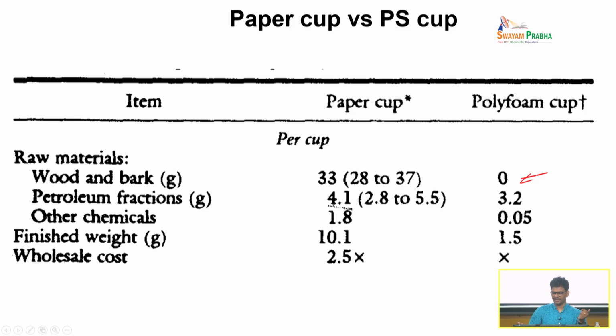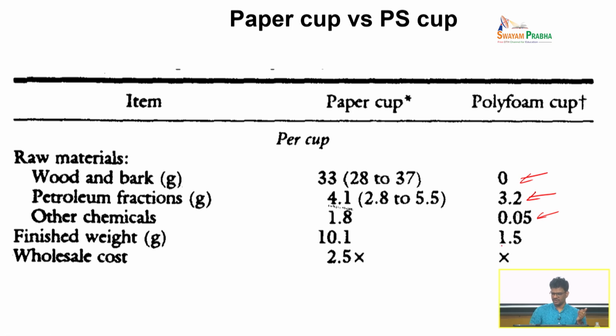Whereas if you come to this polystyrene foam, wood is not required, of course. It's not a renewable material, it does come from this oil and gas. So you use about 3.2 grams of oil and gas, and other chemicals like I said, aluminum chloride, acids and bases and all that.